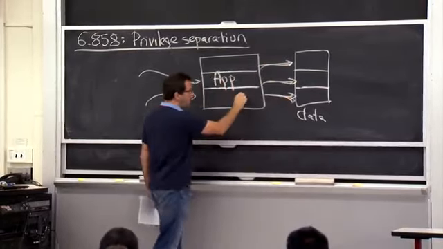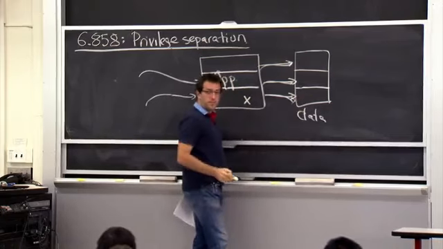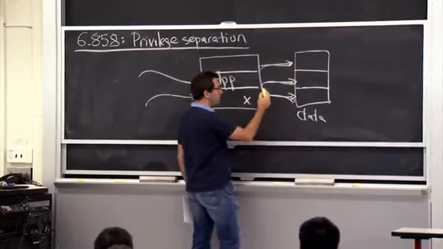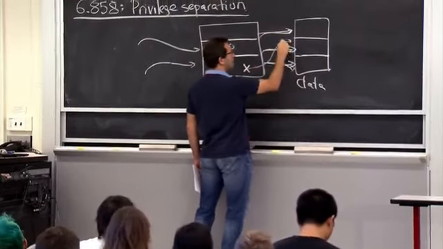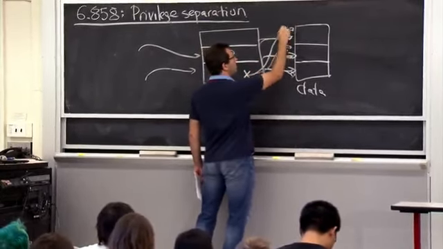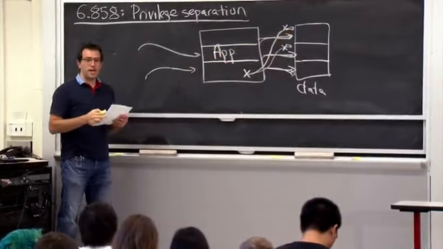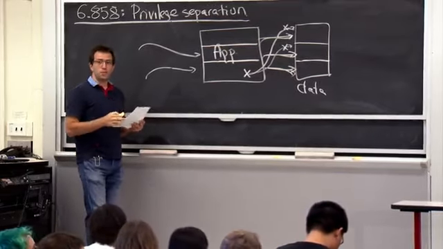So if you find a bug here, then maybe this data is compromised. But hopefully, whatever slicing you've done is going to enforce the separation so that a vulnerability here doesn't allow the attacker to go and access these other pieces of data, or more generally, other privileges that the application has access to. So this is the big idea behind privilege separation.